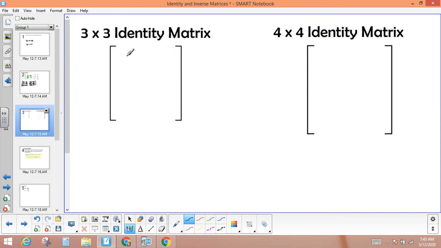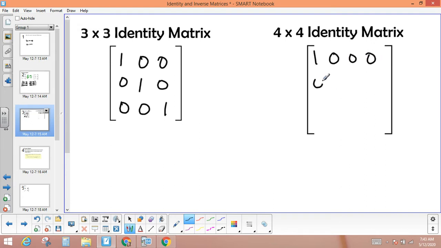For a 3 by 3, we're going to have a 1 here, a 1 here, a 1 here, and the rest filled in with zeros. For a 4 by 4, you would have a 1 with 3 zeros, then 0, 1, 0, 0, then 0, 0, 1, 0, and then 0, 0, 0, 1.